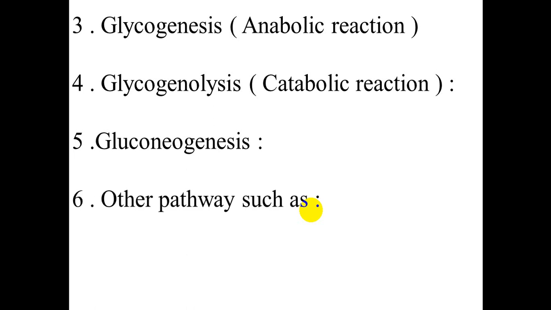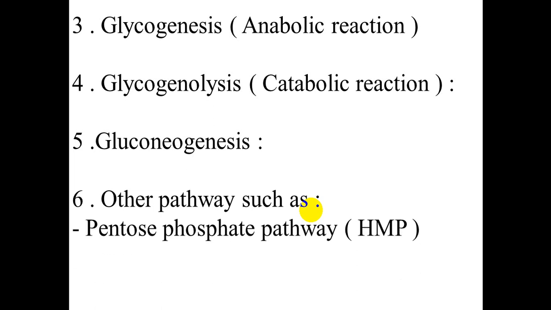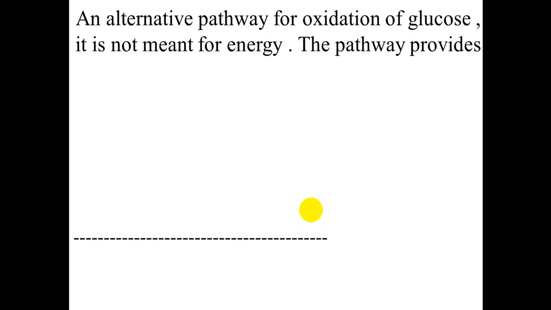6. Other pathways such as the pentose phosphate pathway, HMP. Then here are 6 classes of carbohydrate metabolism. An alternative pathway for oxidation of glucose, not a means of energy.